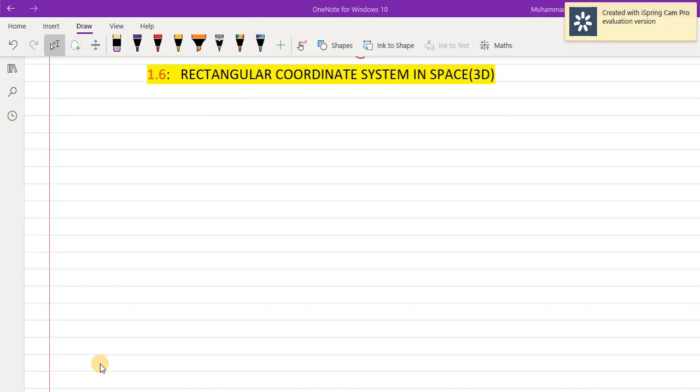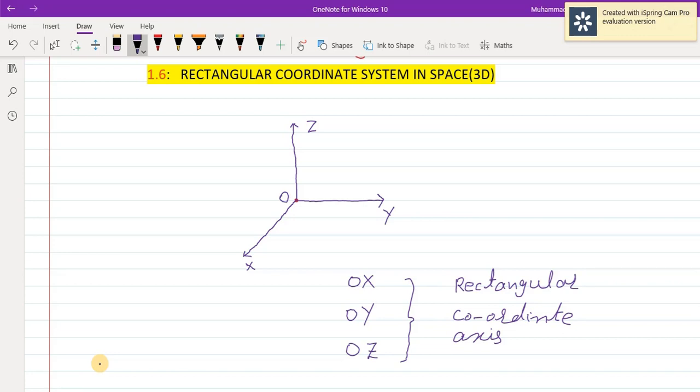Our next topic is rectangular coordinate system in space. Students, three mutually perpendicular lines OX, OY and OZ with same scale of measurement are said to constitute rectangular coordinate system. The lines OX, OY and OZ are called the rectangular coordinate axes and referred as x-axis, y-axis and z-axis.